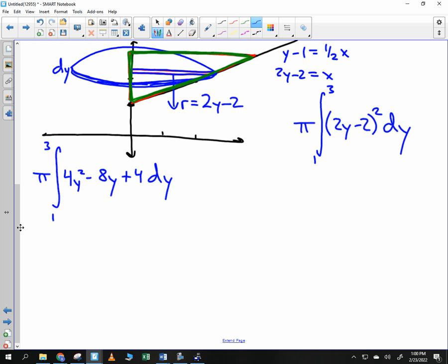Can I give you an option? If you'd like to, you could put this 4 all the way out there. Would you like to, or do you just want to leave it? Okay, we'll leave it. We take the antiderivative of 4y squared. 4y cubed over 3 minus 8y squared over 2, or 4y squared, plus 4y.